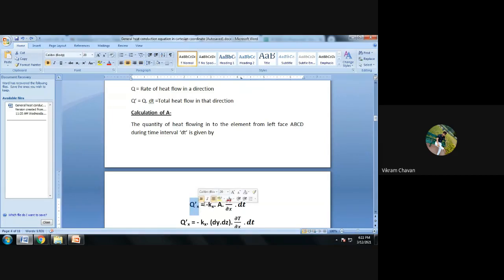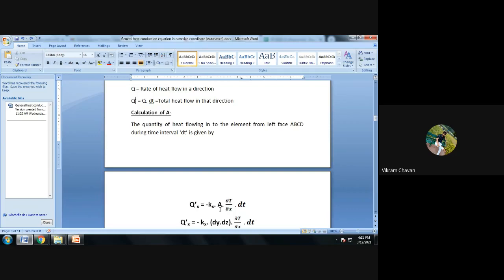Okay, so this is minus K suffix x multiplied by A multiplied by dabba T divided by dabba x. That is Q suffix x. And if you multiply with dt, that will provide you Q dash. So Q dash x will be equal to minus K suffix x multiplied by area multiplied by dabba T divided by dabba x multiplied by dt.